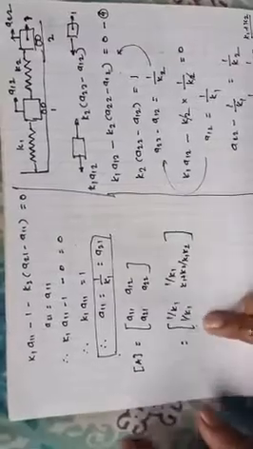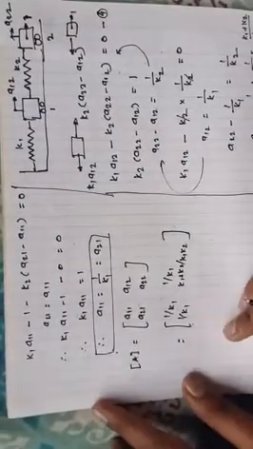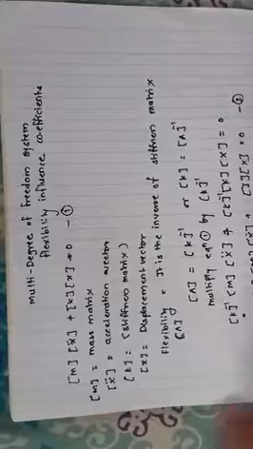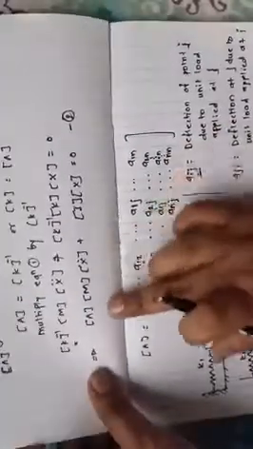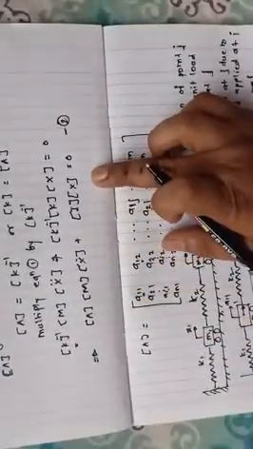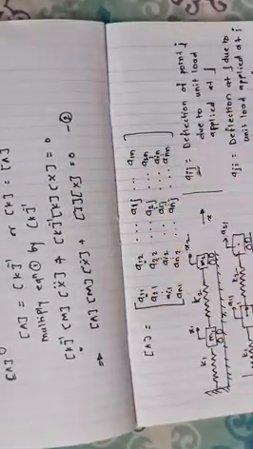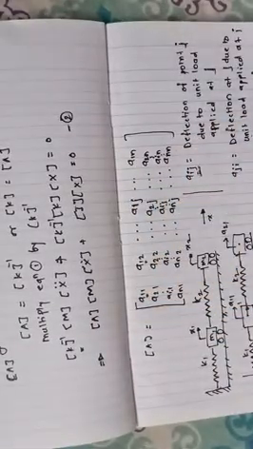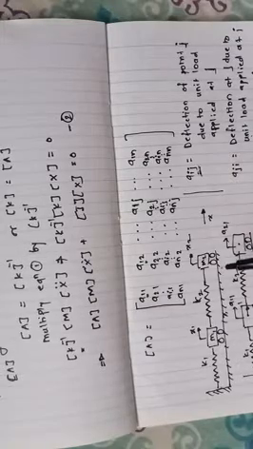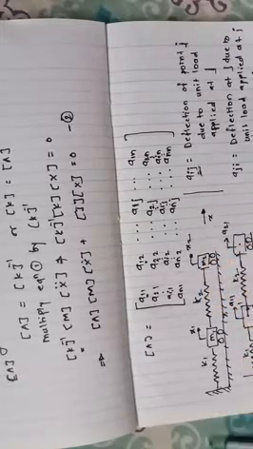So if we substitute this value into our equation of flexibility, we can calculate the natural frequency for that particular multi-degree of freedom system.